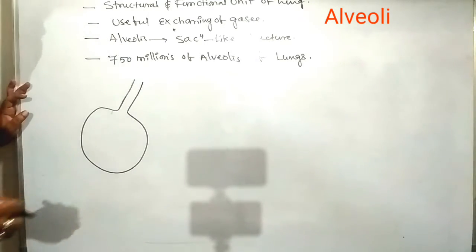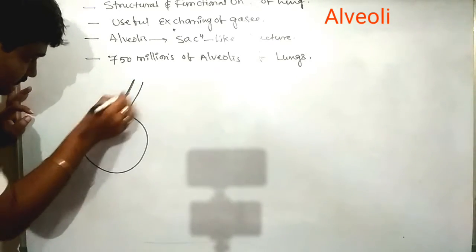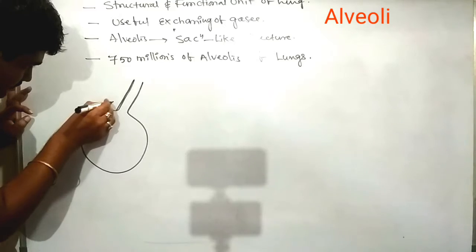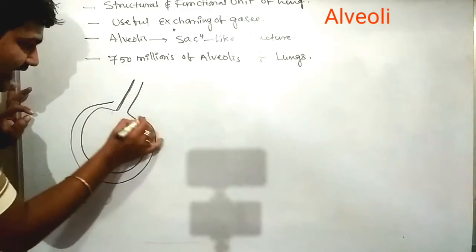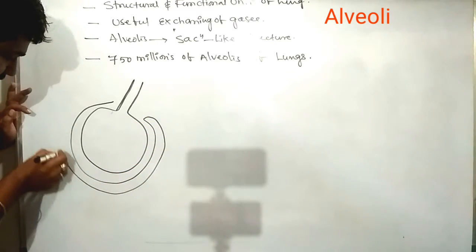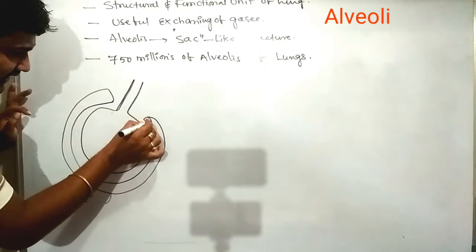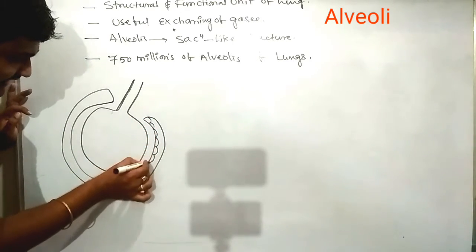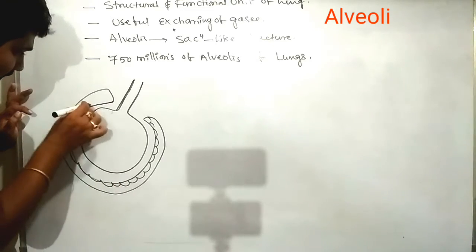This is known as the alveoli, a sac-like structure. Around the alveoli there is a vascular space containing a number of blood cells and nerve fibers.